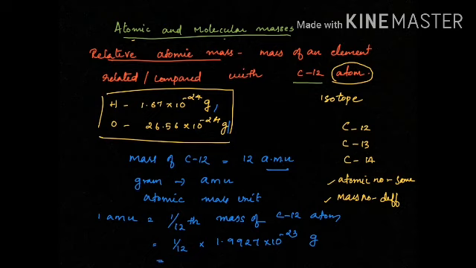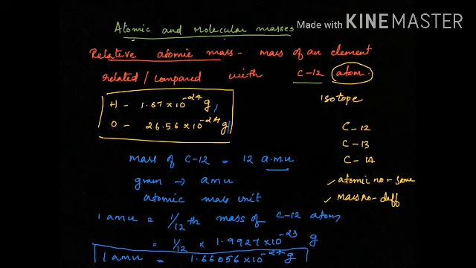So 1 AMU will be equal to 1 by 12 into 1.9927 into 10 raised to minus 23. So 1 AMU is equal to 1.66056 into 10 raised to minus 24 gram. So we got the value of 1 AMU.